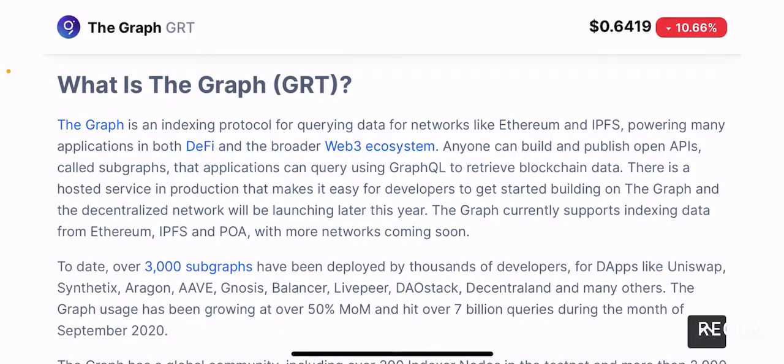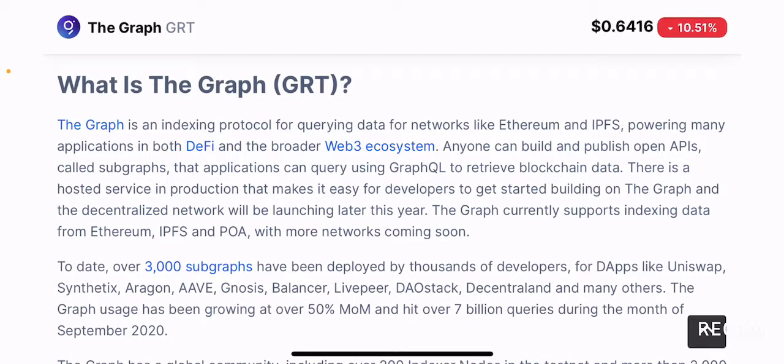So what is Graph? The Graph is an indexing protocol for querying data for networks like Ethereum and IPFS, powering many applications in both DeFi and the broader Web3 ecosystem, right? Anyone can build and publish open APIs called subgraphs that applications can query using GraphQL to retrieve blockchain data.